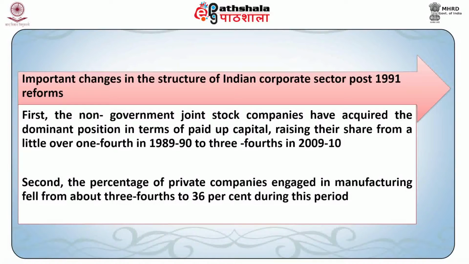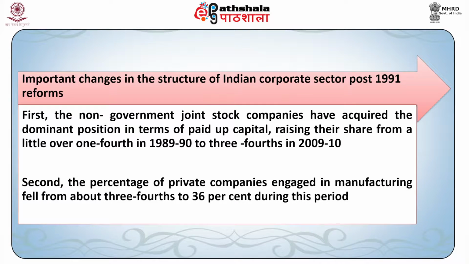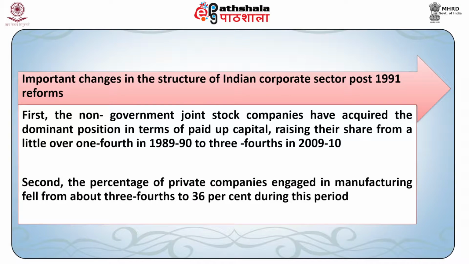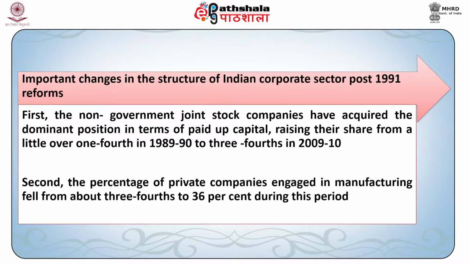First, the non-government joint stock companies have acquired the dominant position in terms of paid up capital, raising their share from a little over 1/4 in 1989-90 to 3/4 in 2009-10.